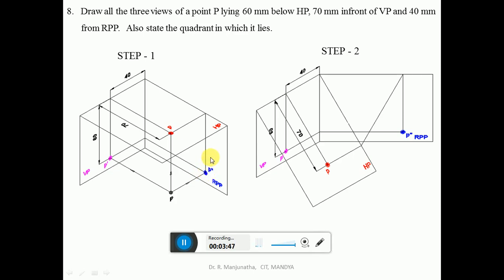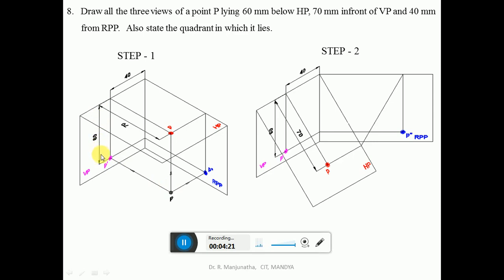Now we are going to analyze the problem of a projection of a point in the fourth quadrant in space. When we look from the front view, the point P is 60 mm below HP. So 60 mm below HP is this point. When it is projected while looking from the front view, it is projected onto the vertical plane, wherein the distance below HP can be seen.